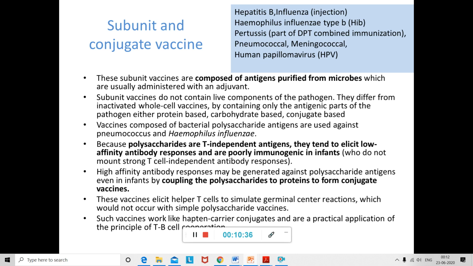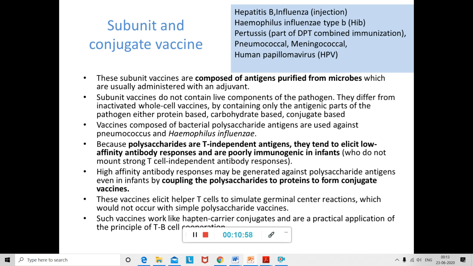So what happens is, to improve the immunogenicity of these subunit vaccines, you might take those polysaccharide antigens and couple them with some proteins to form the conjugate vaccines. So when you take a subunit vaccine and conjugate it with the protein, you form a conjugate vaccine.